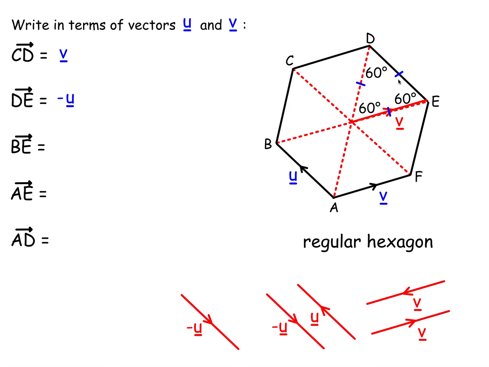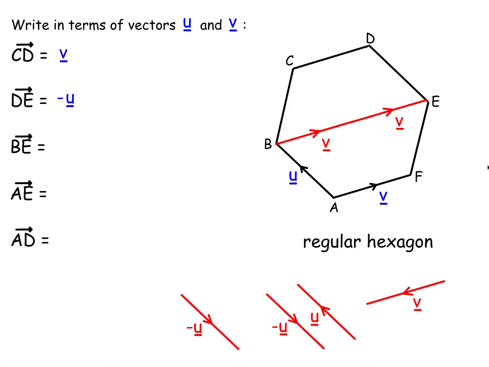So if I get rid of the extra stuff here, that is vector V. Now equally, that is vector V there. So if I get rid of these parts there, that's 2V. BE is 2V. Now, that's quite tricky to get.